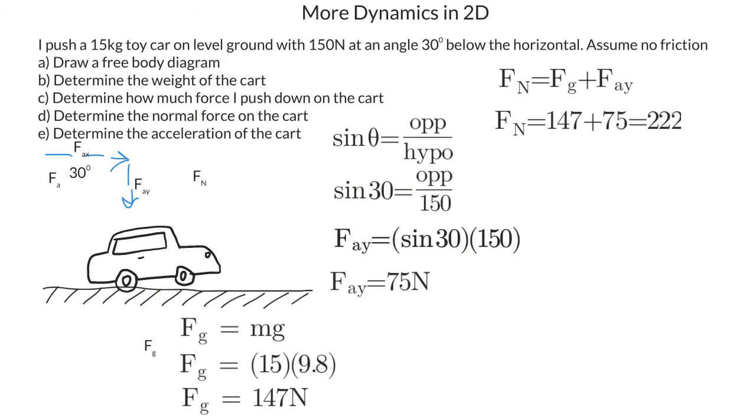And Fay, I broke up into Fax and Fay, so it doesn't exist either. And, oh, guess I have to redraw my Fax. So all I'm left with was this horizontal force.